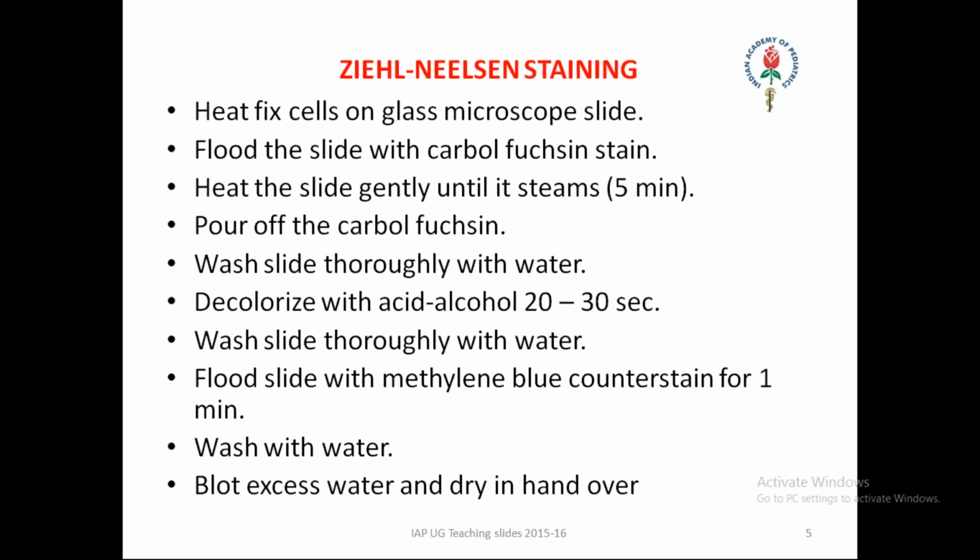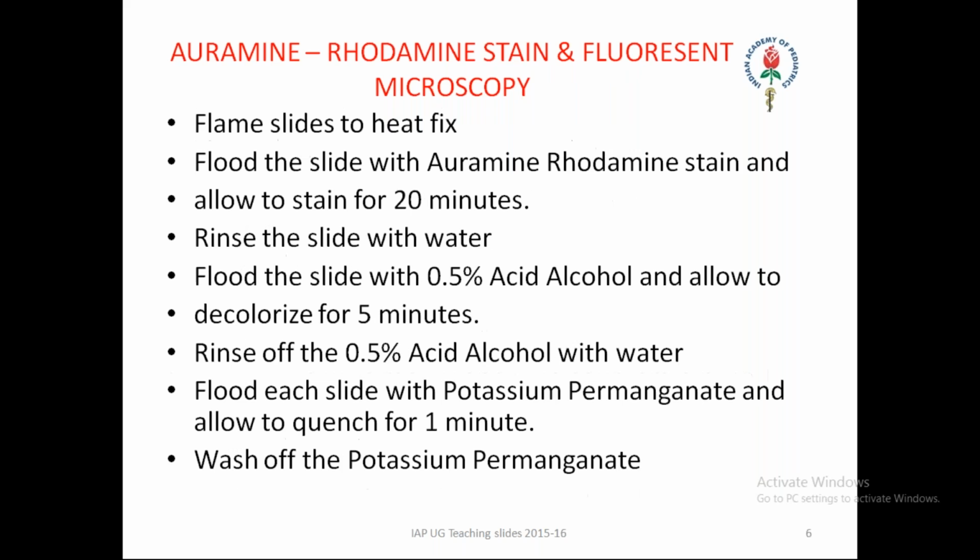So you have used two stains, carbol fuchsin stain and methylene blue stain. First heat the slide, pour carbol fuchsin, heat again for 5 minutes, pour off the excess, wash it under water, decolorize it completely with acid alcohol, wash it with water and add methylene blue, the second stain, the counterstain. Keep it for 1 minute, wash it with water and dry the slide.